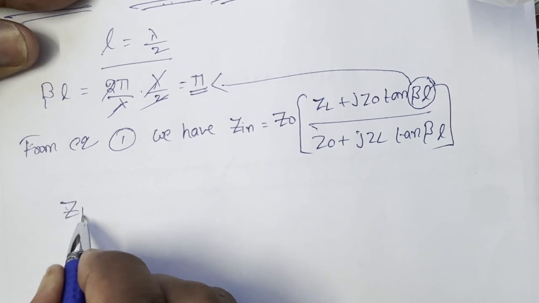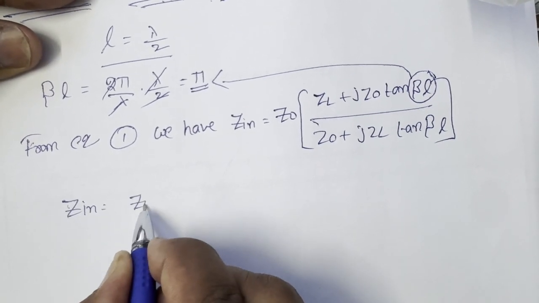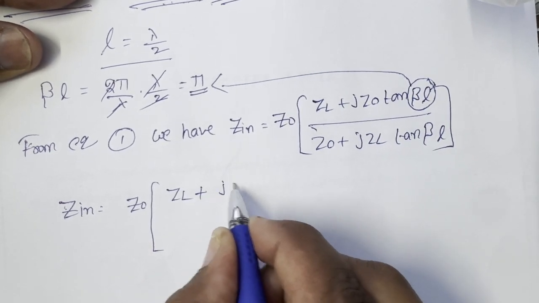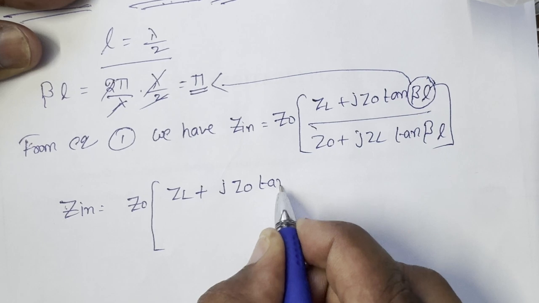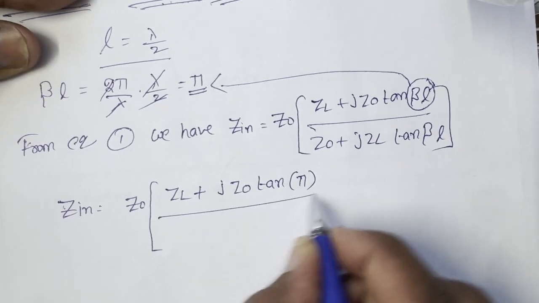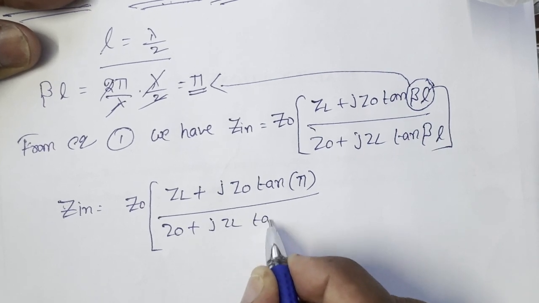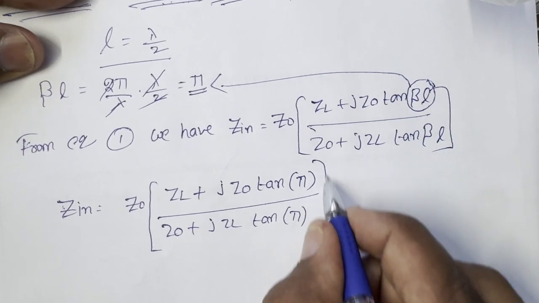So Zin is equal to Z0 into ZL plus jZ0 tan pi by Z0 plus jZL tan pi.